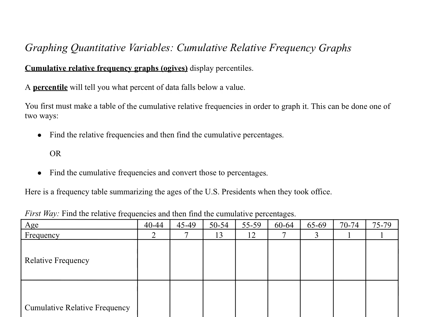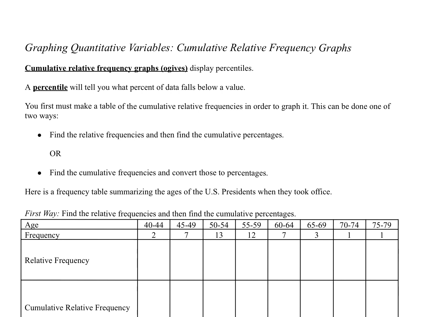They are used to display percentiles, and there is a much better graph that we're going to talk about to display percentiles. So just to review, a percentile tells you the percent of data that falls below that number. So you have to first make a table of the cumulative relative frequencies in order to graph it.